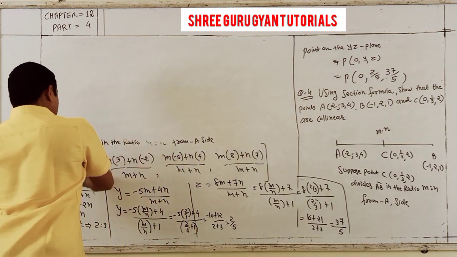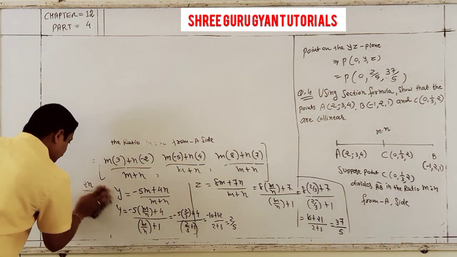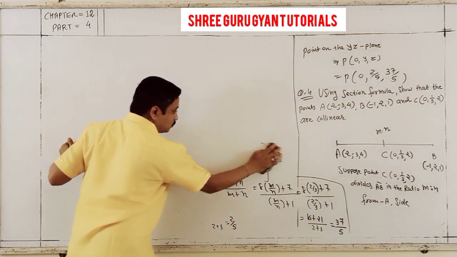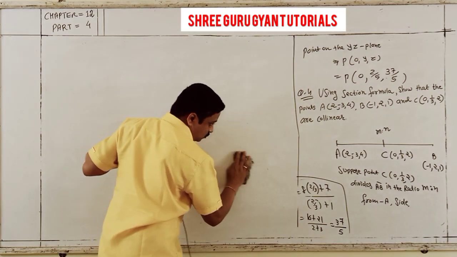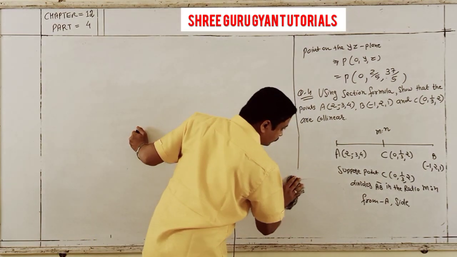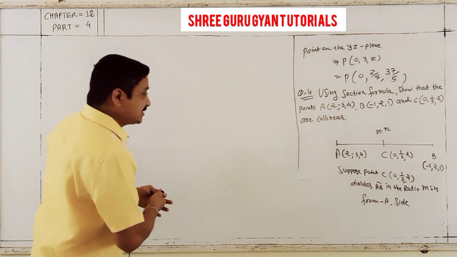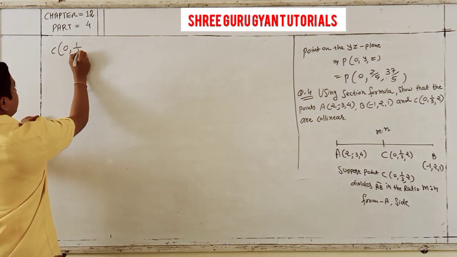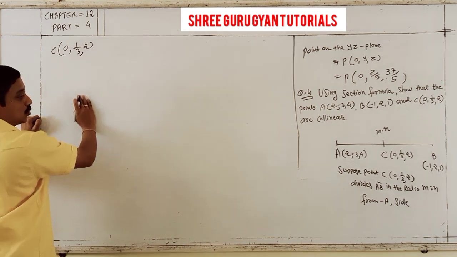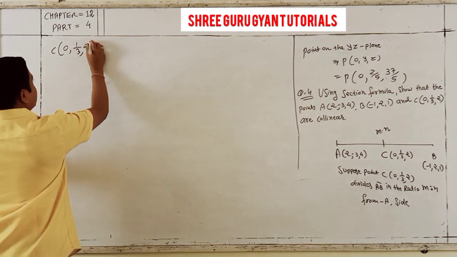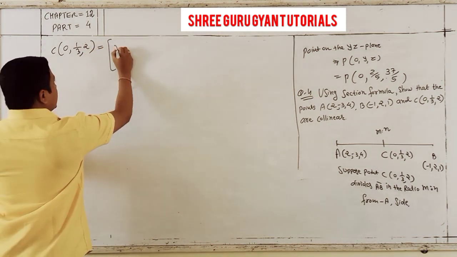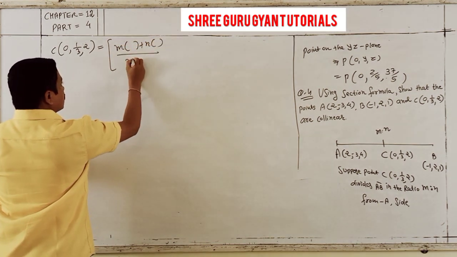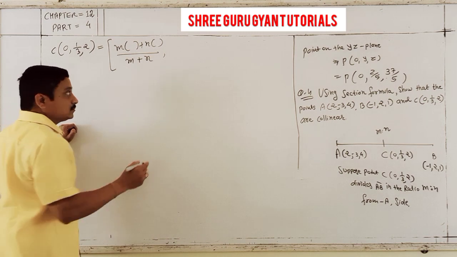It's a very easy solution now. So for point C, I calculate m to n using (0, 1/3, 2) and the formula (m x2 plus n x1) by (m plus n).